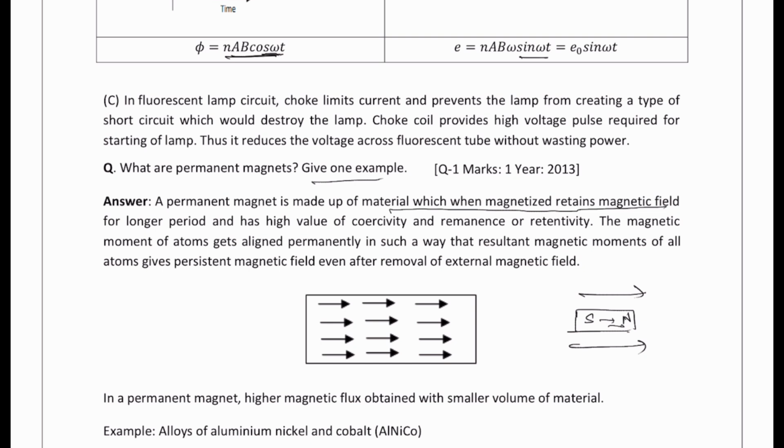It has high coercivity and remanence. The magnetic moments of atoms get aligned permanently, so that the resulting magnetic moments of all atoms give a persistent magnetic field even after removal of the external magnetic field.